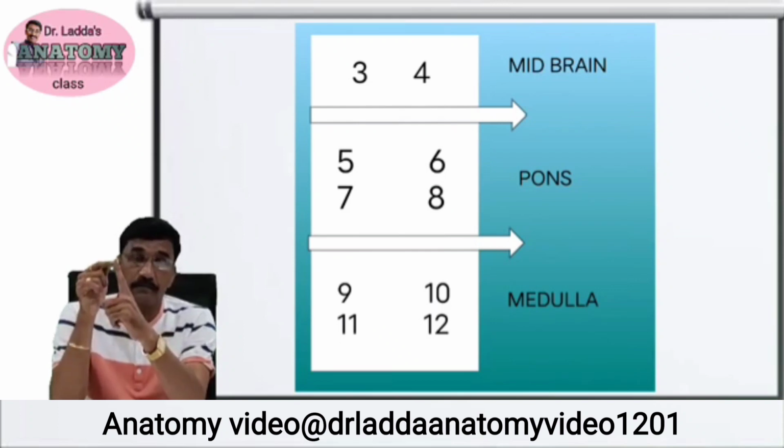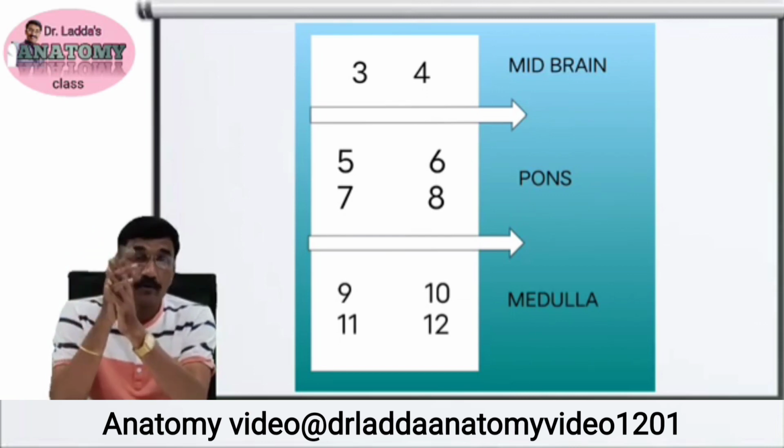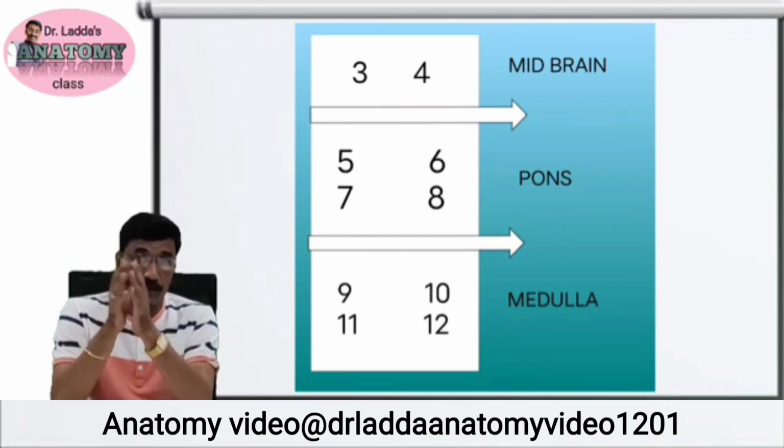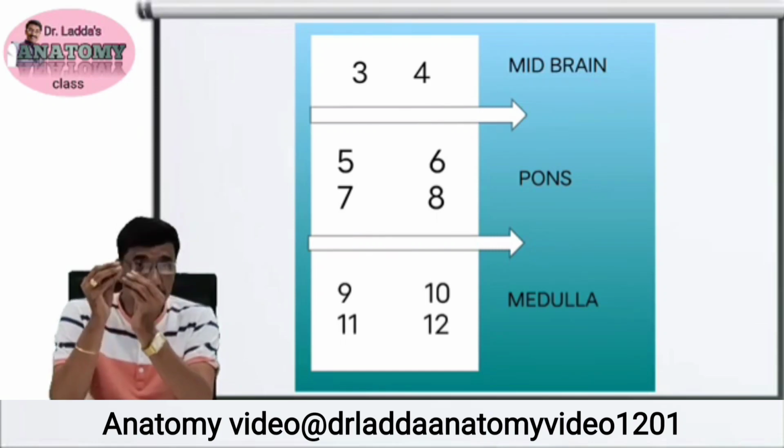Now the upper one, the midbrain, is concerned with two nuclei, the third cranial nerve nucleus and the fourth cranial nerve nucleus, meaning oculomotor and trochlear. These are two nerves which take origin from the midbrain.